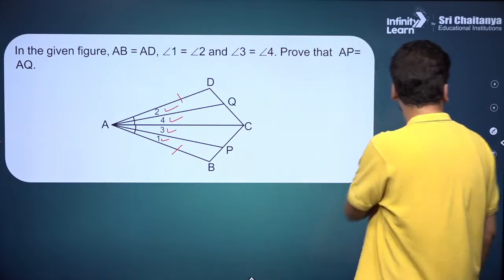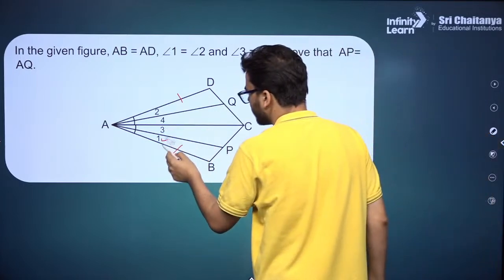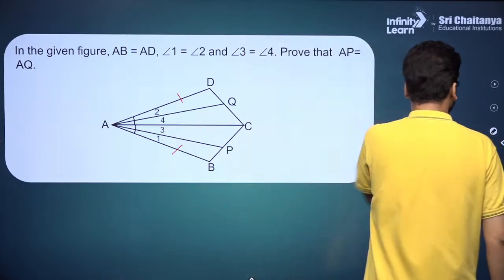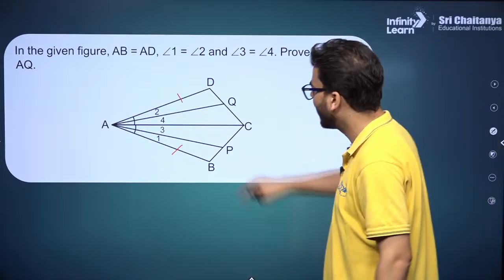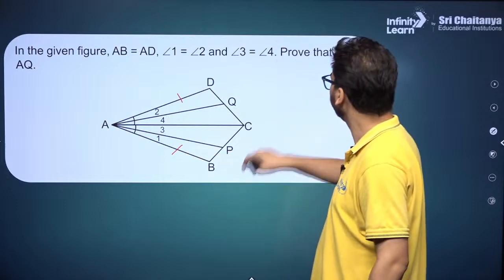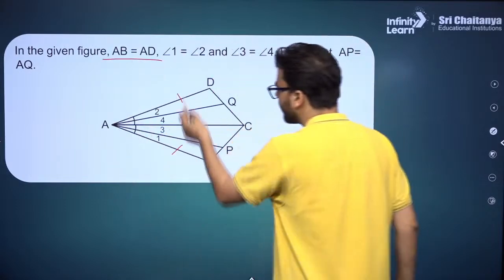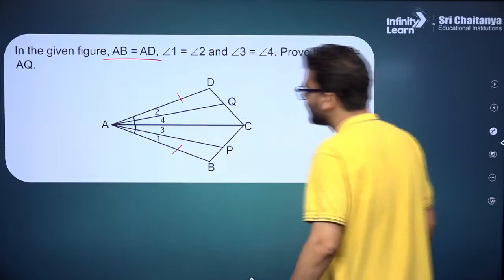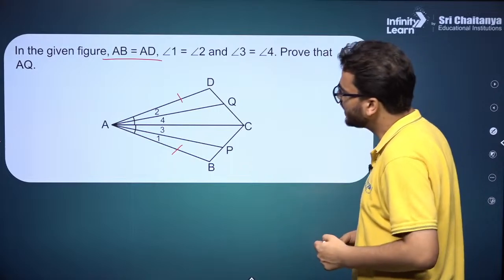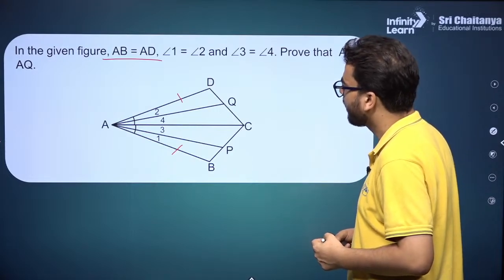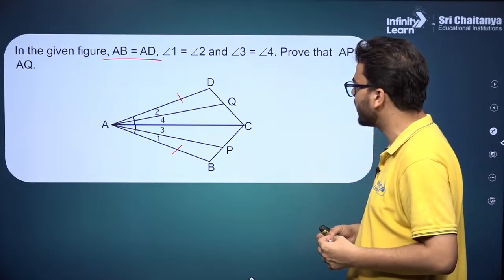So you see over here, first let me erase this so that it is not confusing. Okay. So basically the first thing, let us take the things which are given in the question. AB is equal to AD is already given in the question. So basically 1 is equal to 2 is given and 3 is equal to 4 is given in the question.